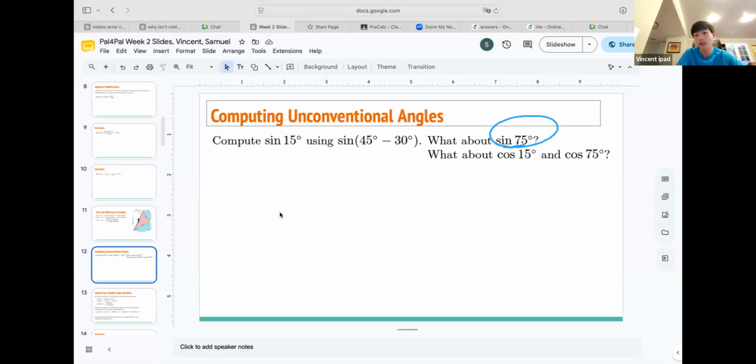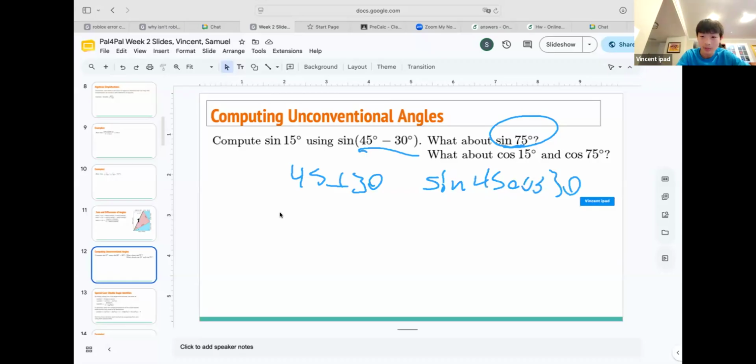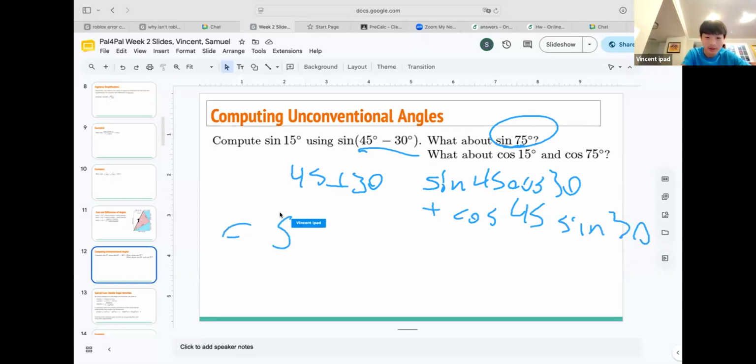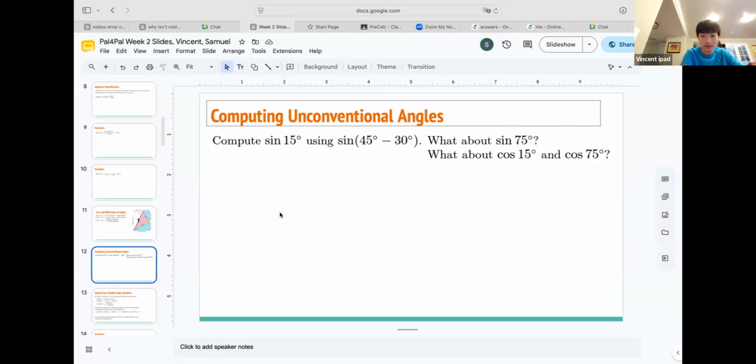Okay, sine 75. Well, we just did 45 minus 30, now 45 plus 30. You get sine 45 cos 30 plus cos 45 sine 30. And simplifying this, you get root 6 plus root 2 over 4. For cosine 15, we have the same thing.